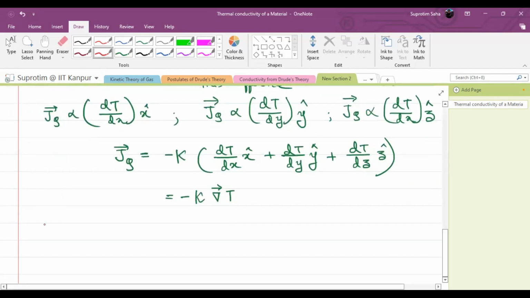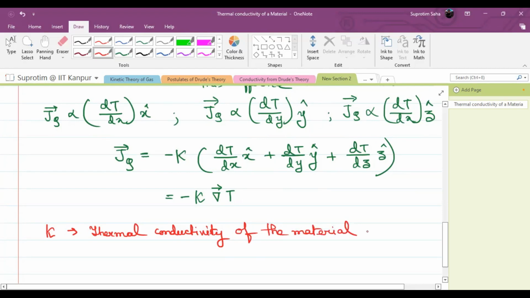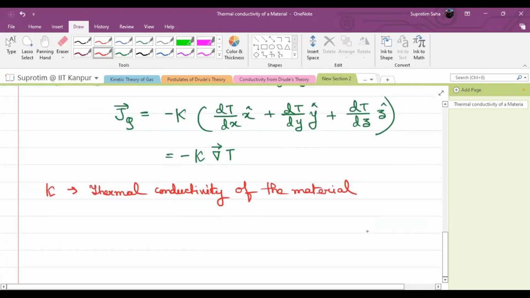This kappa is called the thermal conductivity of the material. So the proportionality constant is the thermal conductivity of the material.